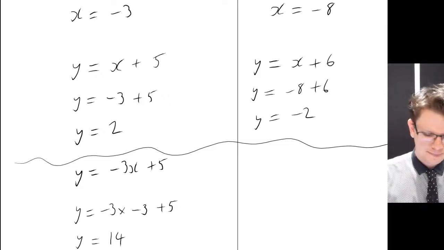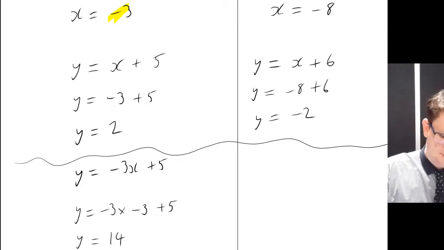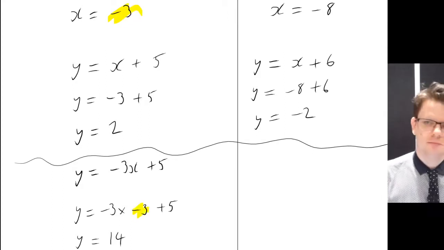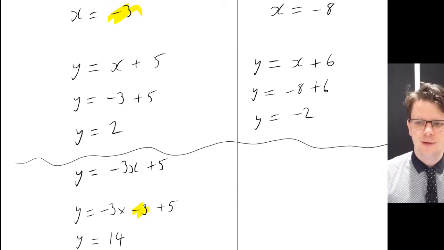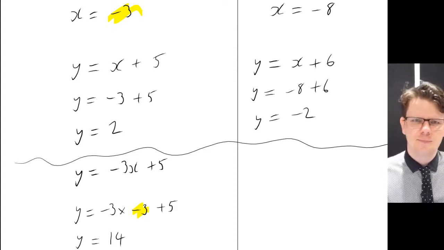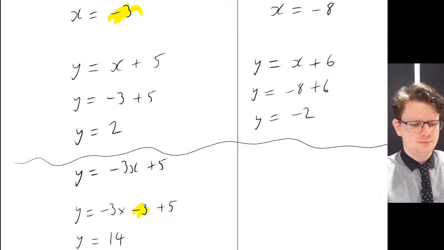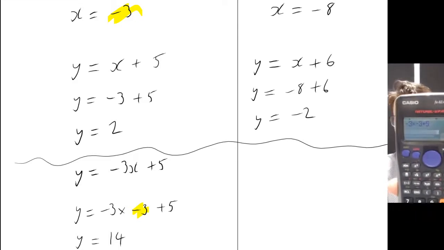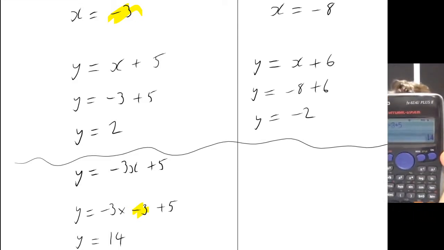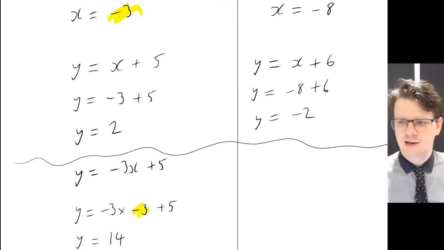What did I do? Well, I still substituted like normal. That just came straight from the top. And everything else, the times comes from the fact that it's minus 3x. It's still minus 3 times whatever x is, plus 5. And in this case, the answer is 14. How do I know it's 14? Well, if you're not sure, type it in. Check. Make sure you get the right answer.